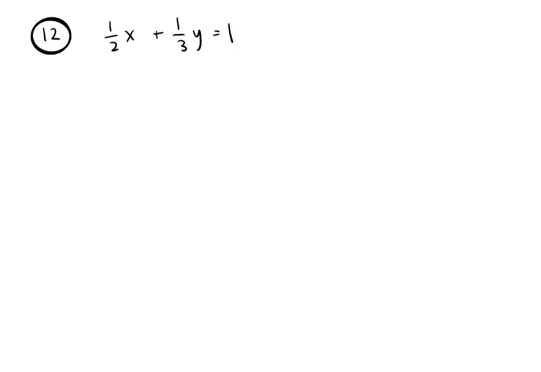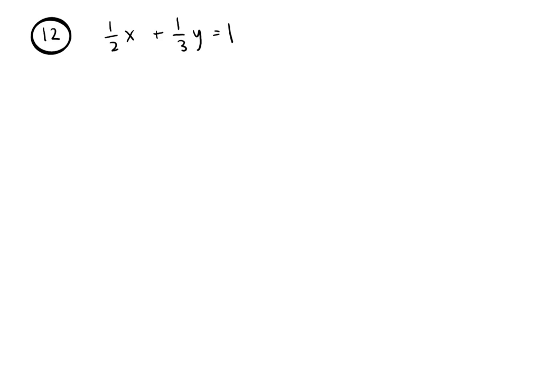Now for the last 3 questions of this section, we're asked to find the slopes and the intercepts. So what I'm going to do is take this line that's written in general form and rewrite it in slope-intercept form to find that information. Now to do that, I want to isolate the y.